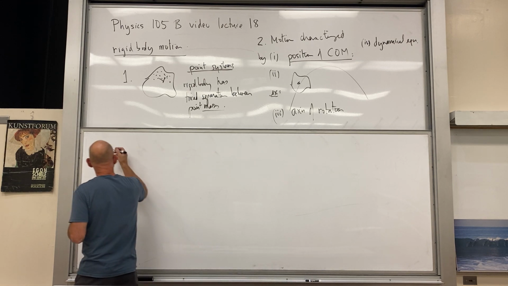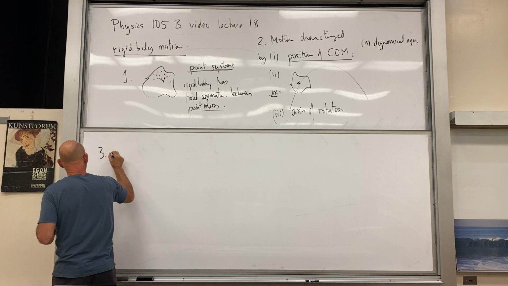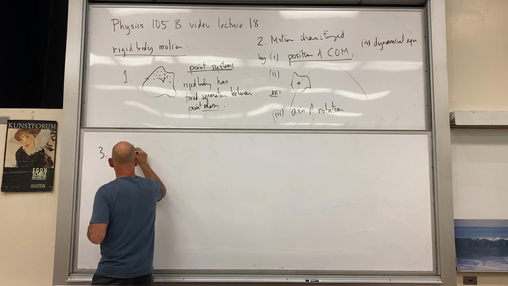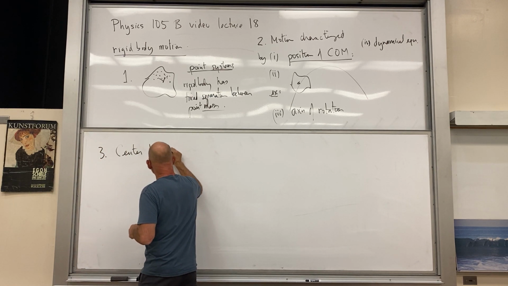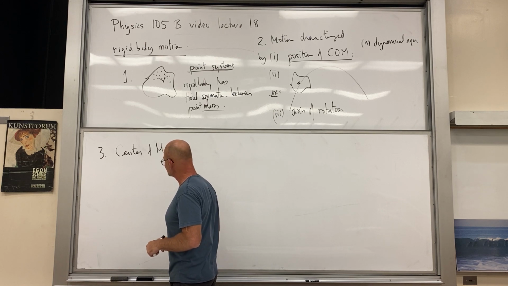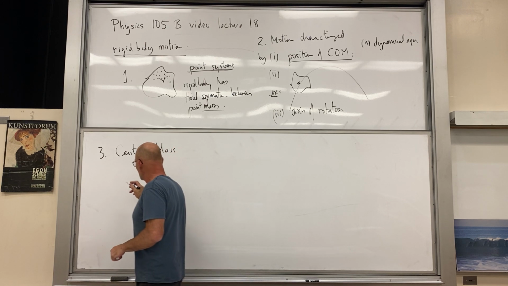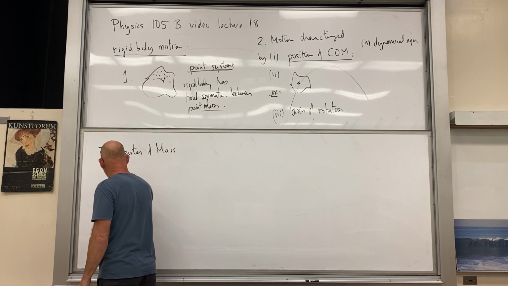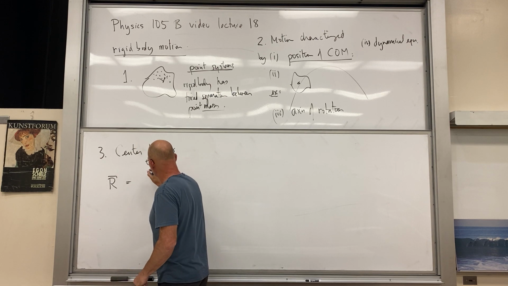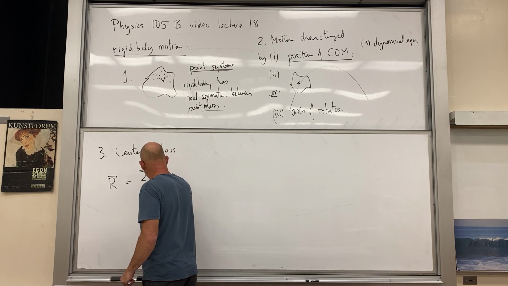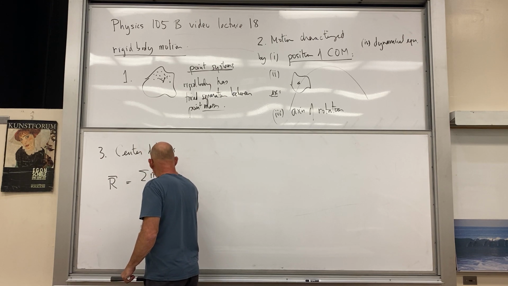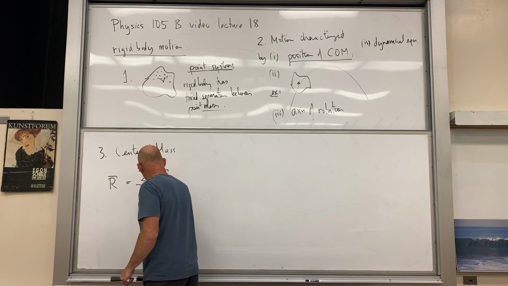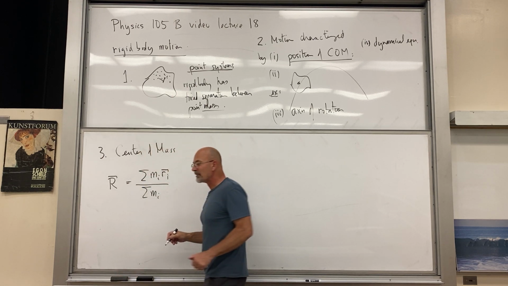Good, are we numbering things? Yeah, center of mass. We have its definition that I'll go ahead and call capital R for the moment. For a point system, the sum of all m_i r_i, these moments, divided by the total mass.